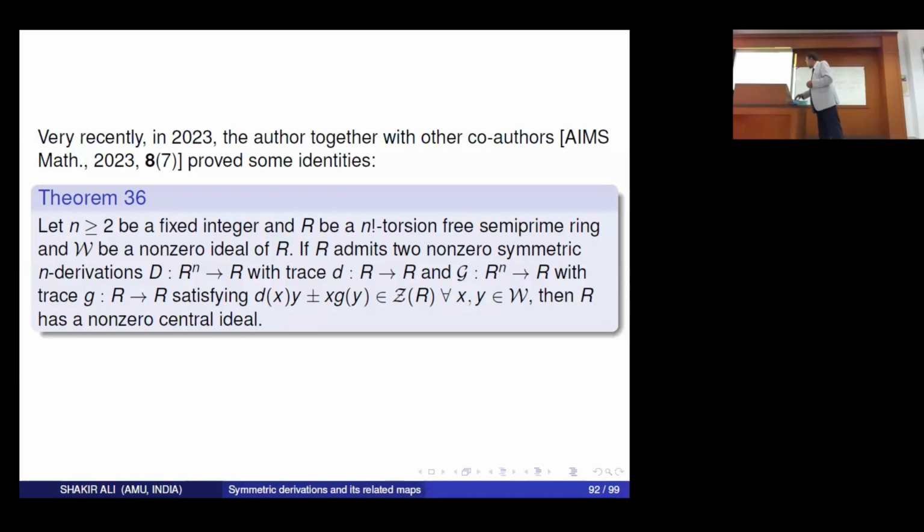Recently, we chose the identity d(x), y with small d and small g being the traces of this d and this g. Then R has a non-zero central ideal. This was the first result of this paper.